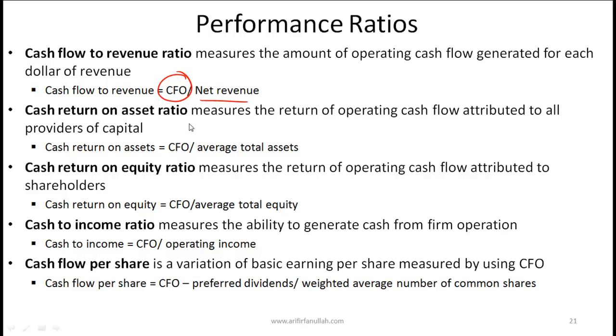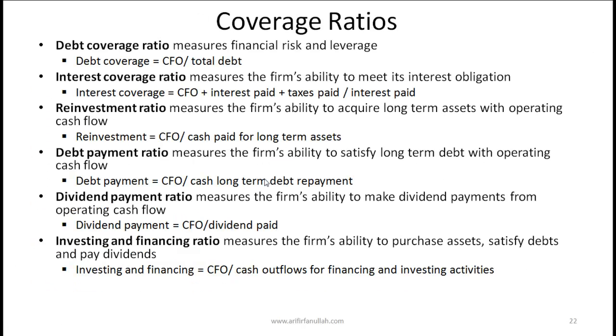Cash flow to asset ratio. I would encourage you to pause here and simply memorize these performance ratios. And these are coverage ratios, where again I would encourage you to pause and memorize them. The general principle here is that with this interest coverage ratio, you will see an analogous ratio when you look at the income statement.